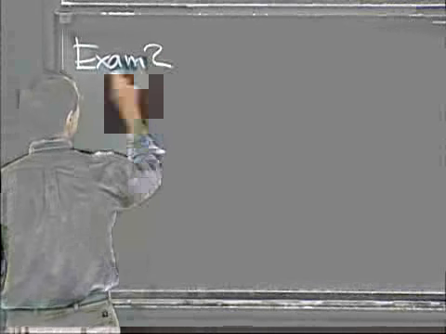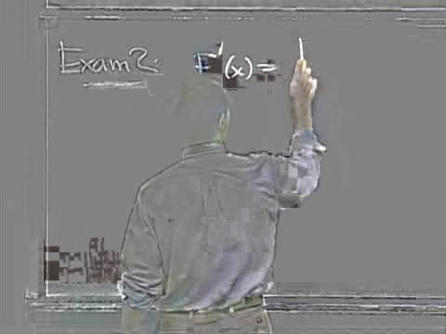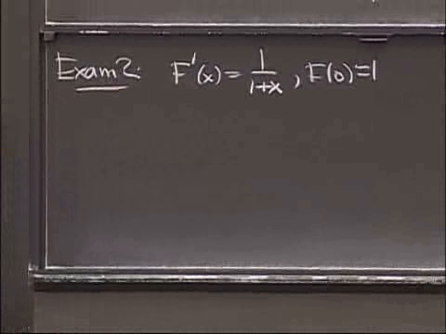So there was an exam 2 problem. And I'll show you how it works using the mean value theorem and how it works using integrals. But I'm going to have to use this notation capital F prime, as opposed to little f, which was the notation that was on your exam. So we had this situation here. These were the givens of the problem.